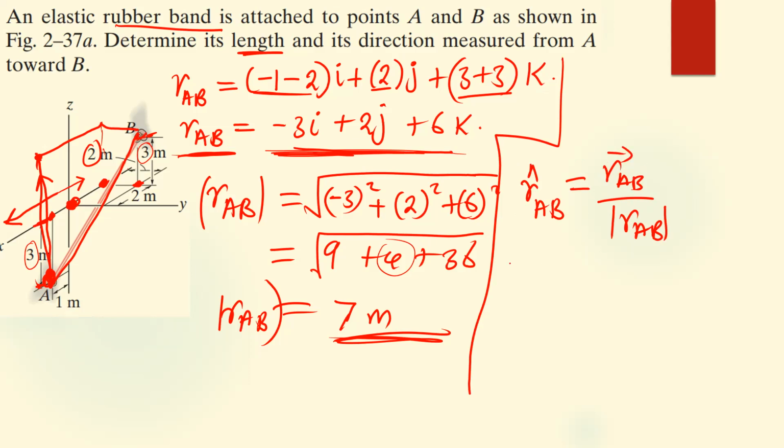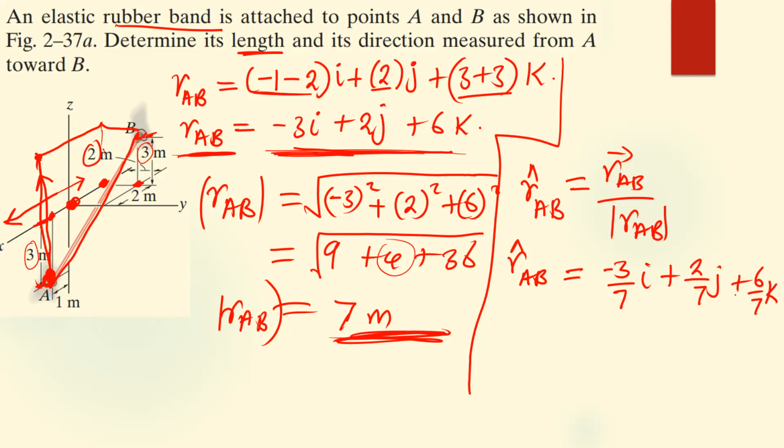So the unit vector will be equal to negative 3 over 7 I plus 2 over 7 J. We just divide everything by 7. And we also have 6 over 7 K.